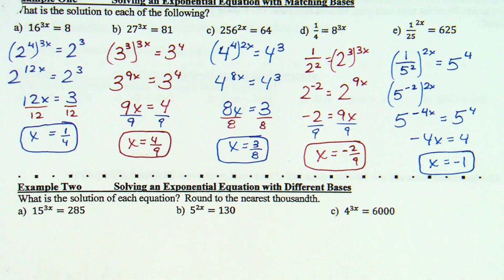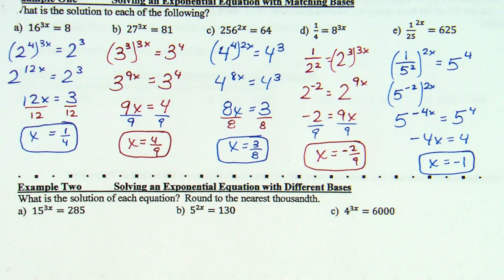Okay, what's our big topic in this chapter besides exponents? It's exponents and logarithms. So here comes the logarithm aspect today. Because I can't make the bases the same, we are going to take the log of both sides of the equation. Because remember, whatever you do to one side, you can do to the other side, right?